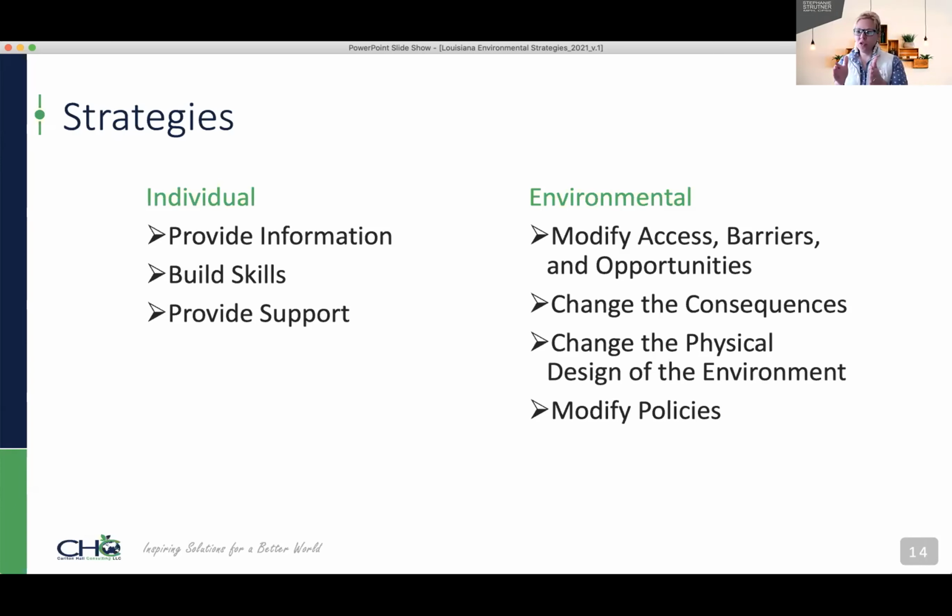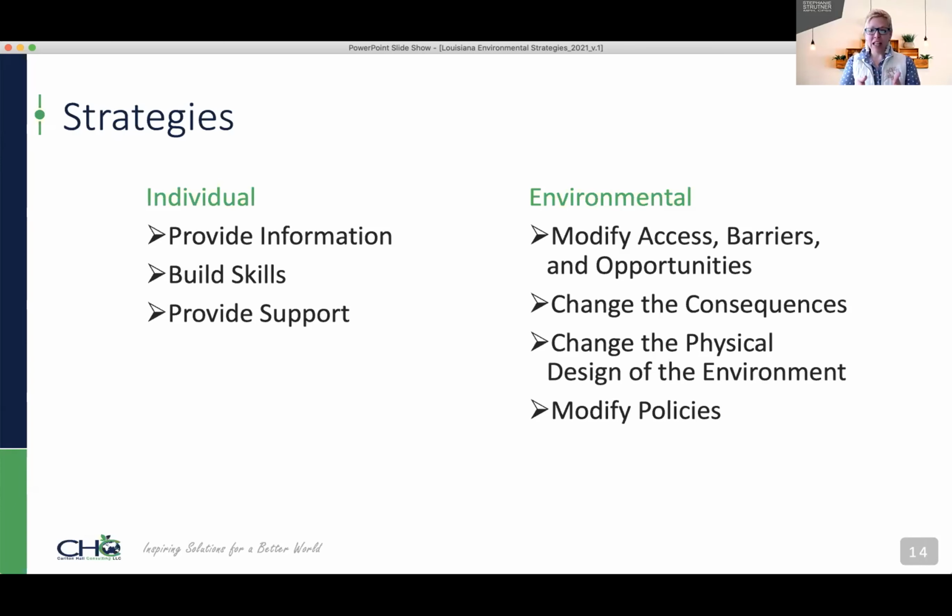Our environmental strategies, though, are a lot easier to come up with if we are clear, specific, identifiable, and actionable about that local condition, and we're really identifying the who, the what, the where of what the behavior is that's happening in our community, so that we can come up with strategies like changing access or barriers, changing the consequences, changing the physical design of the environment, and modifying policy so that the healthy choice is the easy choice.